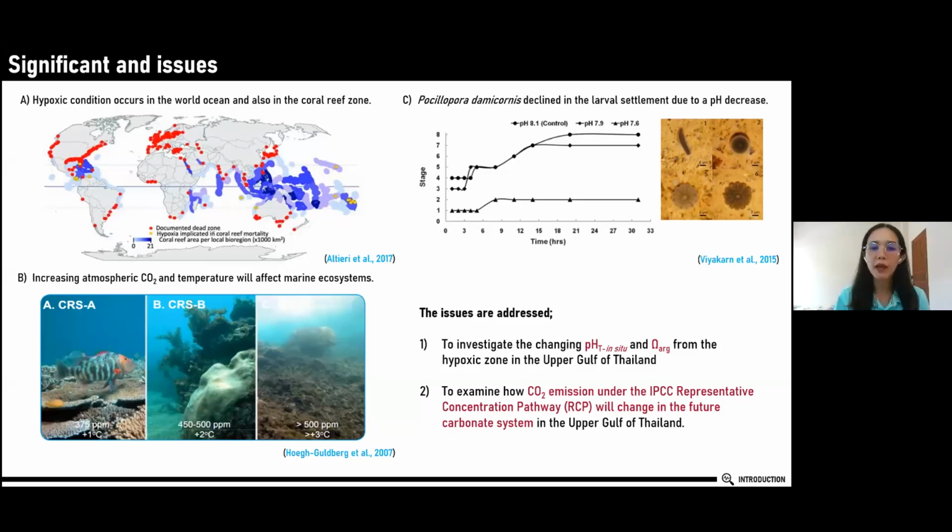So we will investigate the changing pH and aragonite saturation state for the hypoxic consumption assumption, and examine how carbon dioxide emission under the IPCC representative concentration pathway will change the future carbonate system in the Upper Gulf of Thailand.